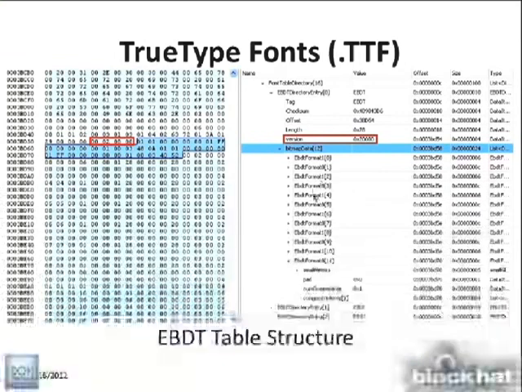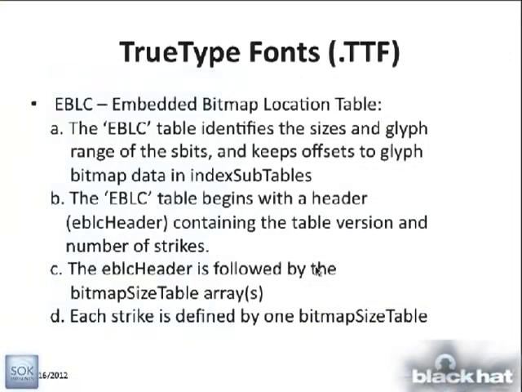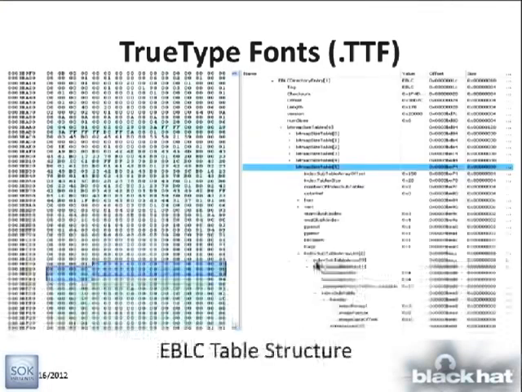You can see a total of 12 strikes are designed under this bitmap data table. The EBLC table identifies the size and glyph range of the SBIT and gives the offset in the index subtable. Same as EBDT, it begins with a table version header, followed by a bitmap size table in an array. And here is a screenshot of the EBLC table structure.